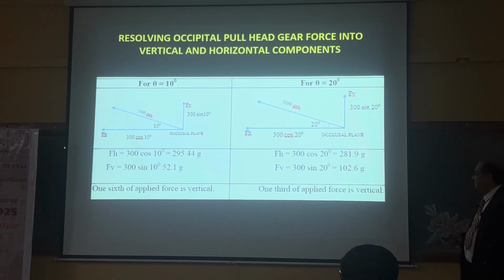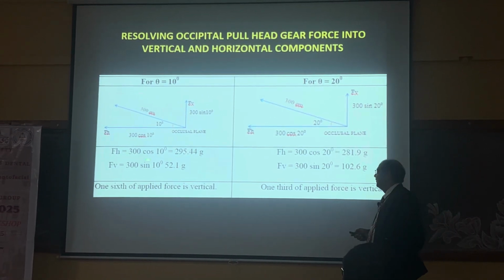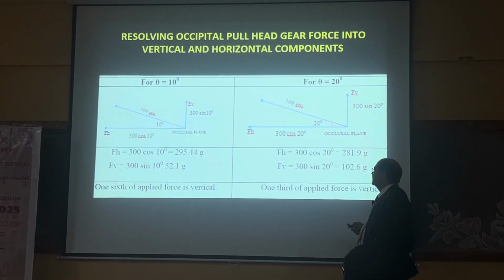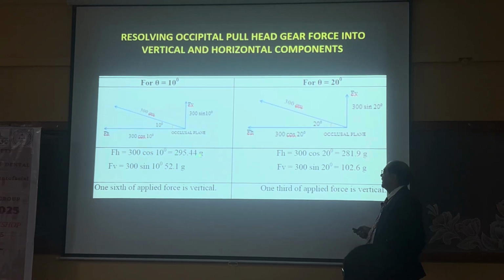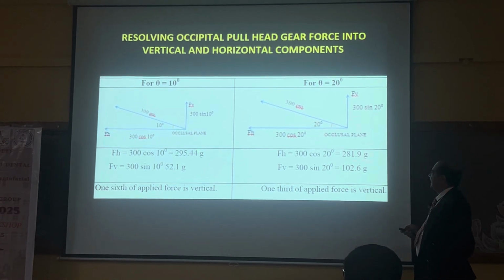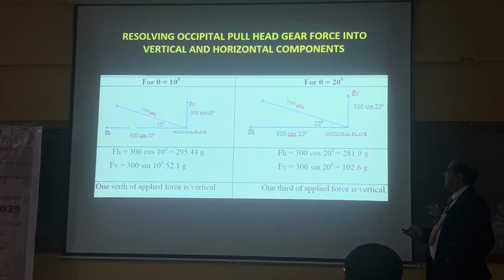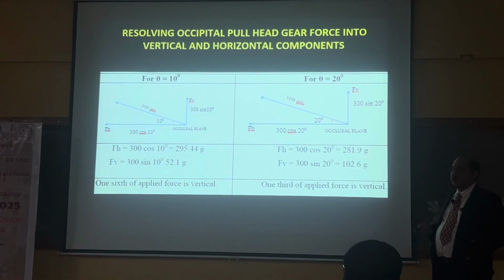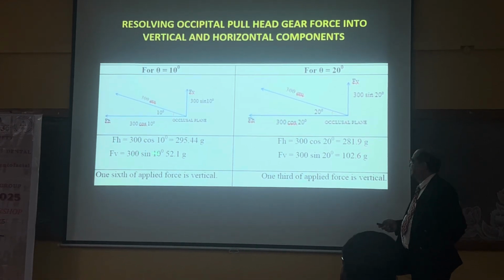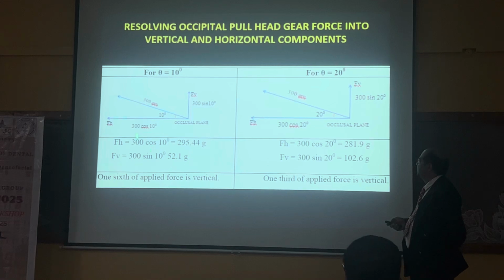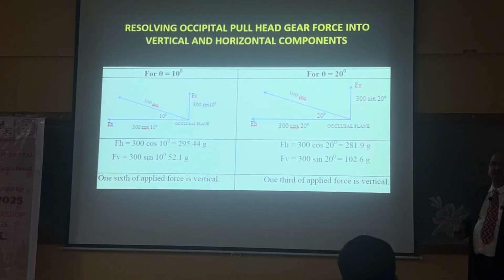So F is 300, cos 10 degrees: 295 grams is going in the horizontal, and F sin theta, 52 grams of force is going in the vertical.